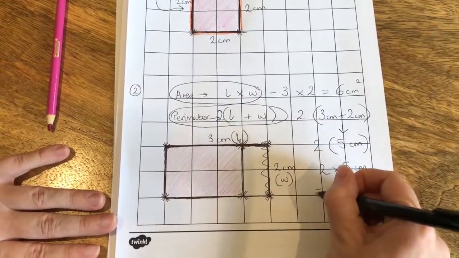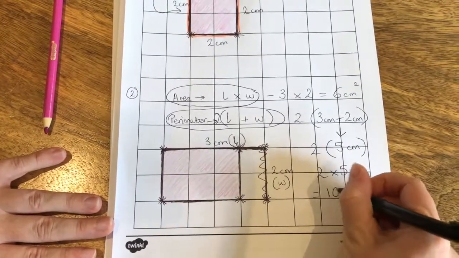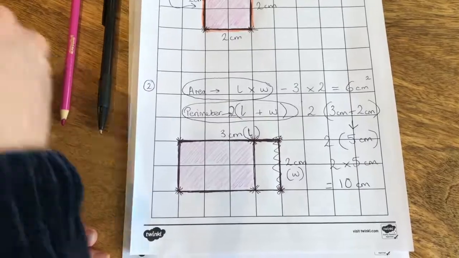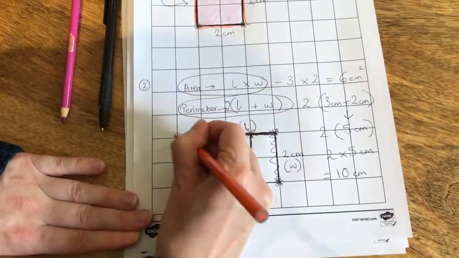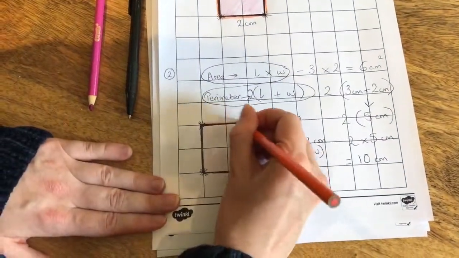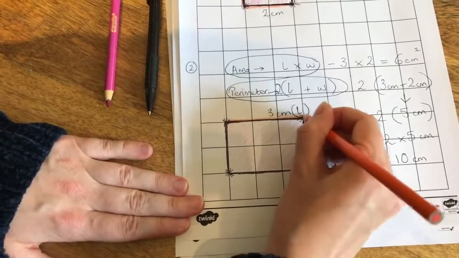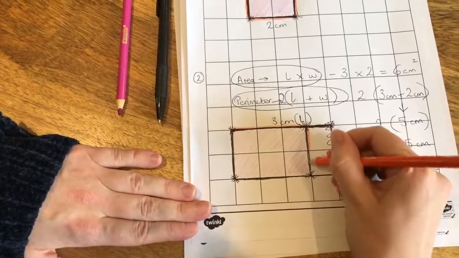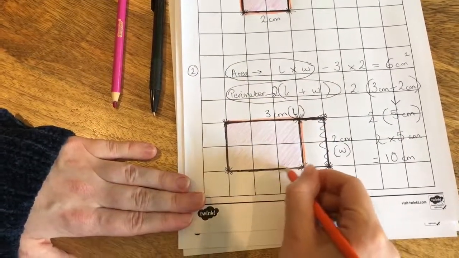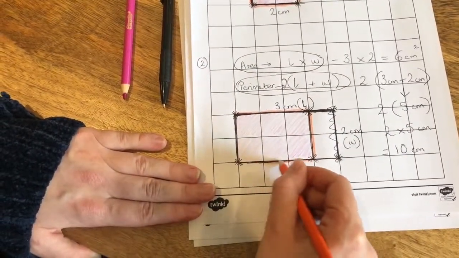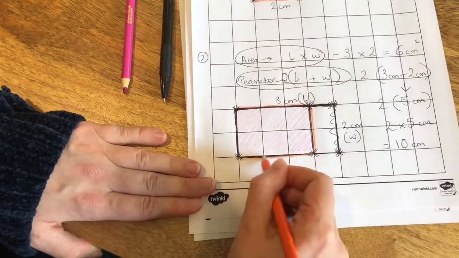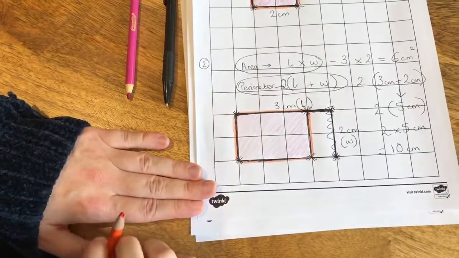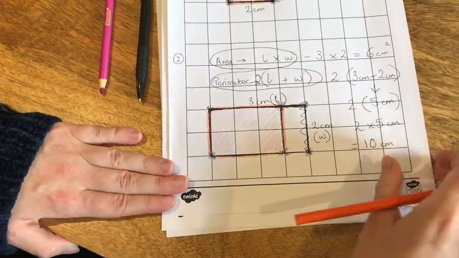Nice and simple, I'm sure you all know that one as well. That is 10 centimetres. Okay, so let's check this again with our pencil. 1 centimetre, 2 centimetre, 3, 4, 5, 6, 7, 8, 9, 10. So we can see that is correct.